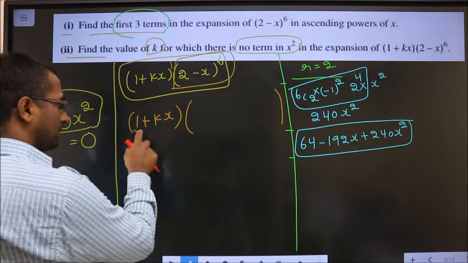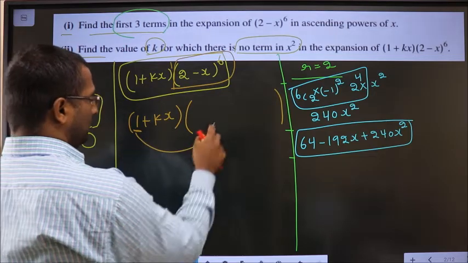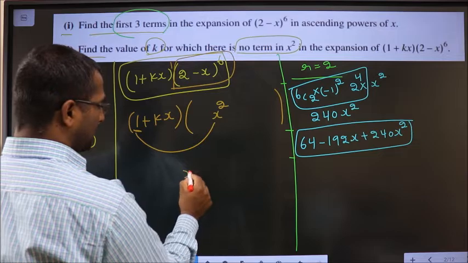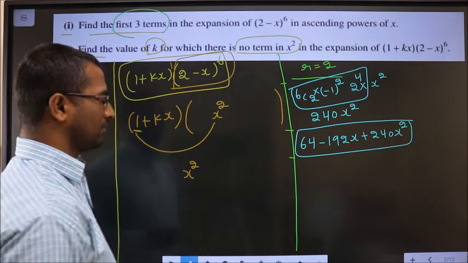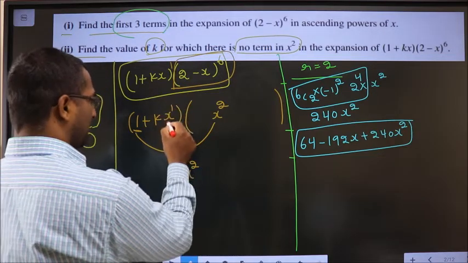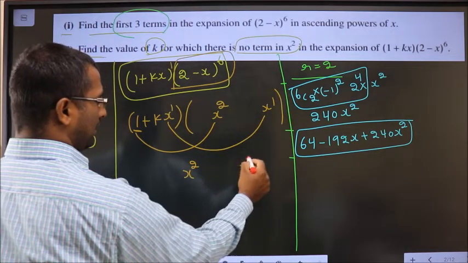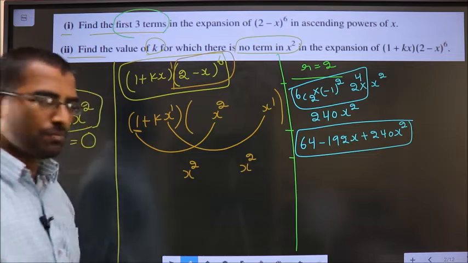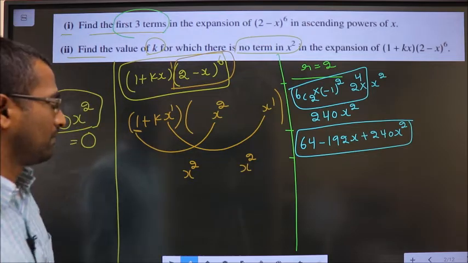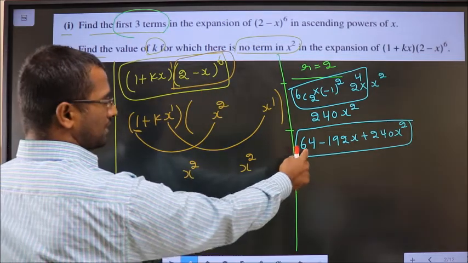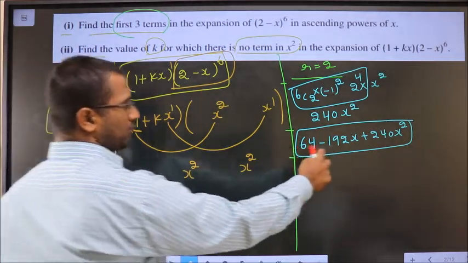Based on this, 1 should be multiplied with x square. Only then it will result in x square. Here x power 1 should be multiplied with x power 1. Then only it will result in x square. Okay, now for this bracket we have already found the first 3 terms. This was the first bit.